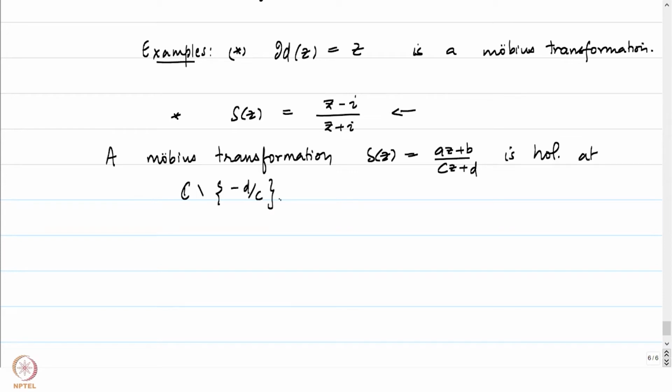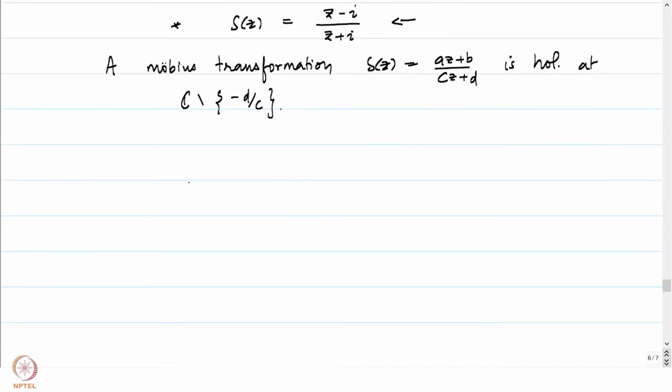The singleton minus d by c, which is the 0 of cz plus d, is precisely the point which is to be thrown out. Everywhere else, our given function is going to be holomorphic by the quotient rule. So that's one observation to keep in mind. So consider now the following Mobius transformation. Consider, maybe, T of z given by dz minus b by minus cz plus a.